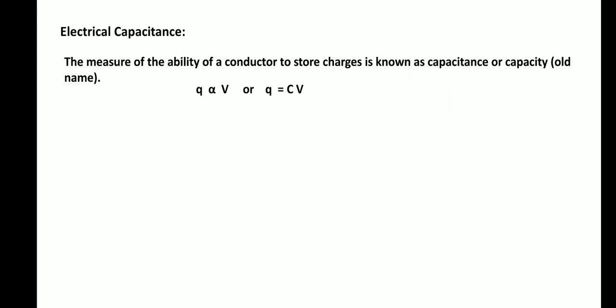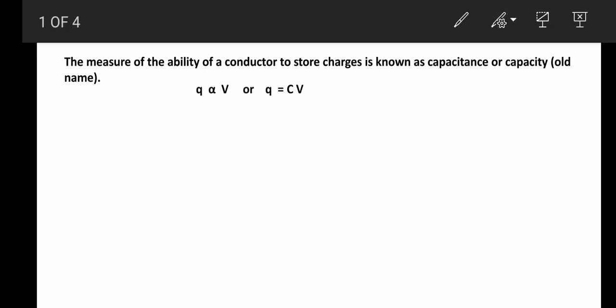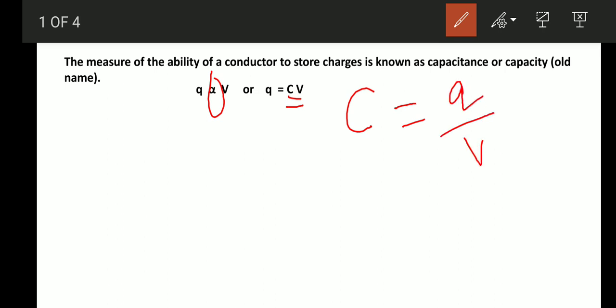That is, Q is directly proportional to V. When you remove this proportionality, you have to introduce a constant called C. This C is known as the capacitance of the conductor. So the formula for capacitance of the conductor is C is equal to Q by V. This is the formula to calculate capacitance of the conductor.